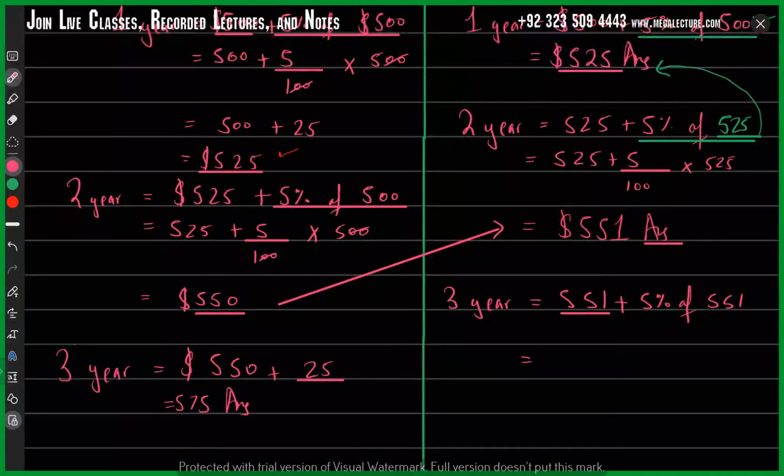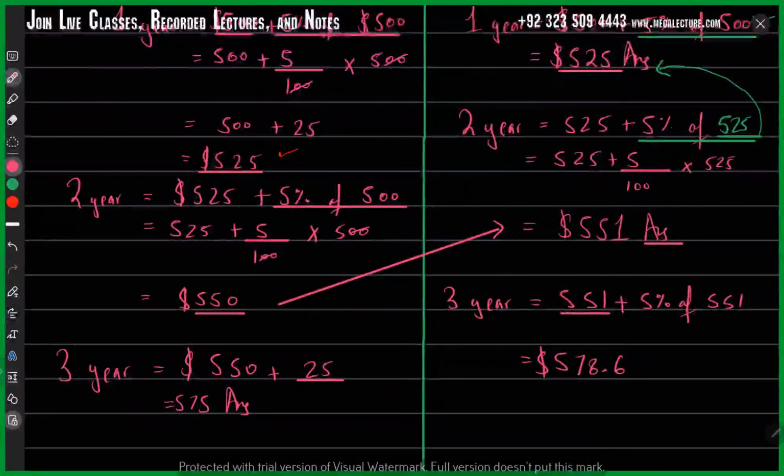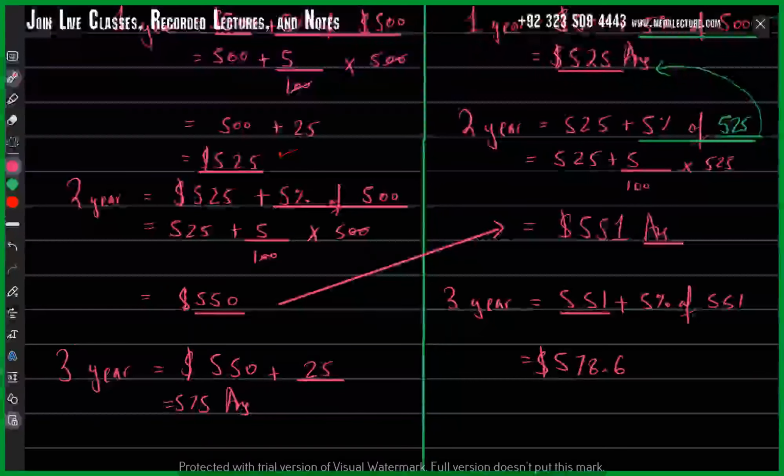Five percent multiplied by 551 plus 551 is going to give you 578.6. Yes, you are right, Taha, it's 578.55 basically. So I've rounded it off to the first decimal place.